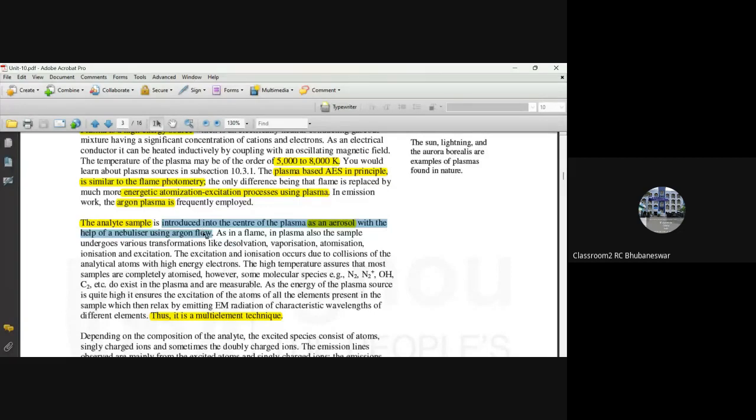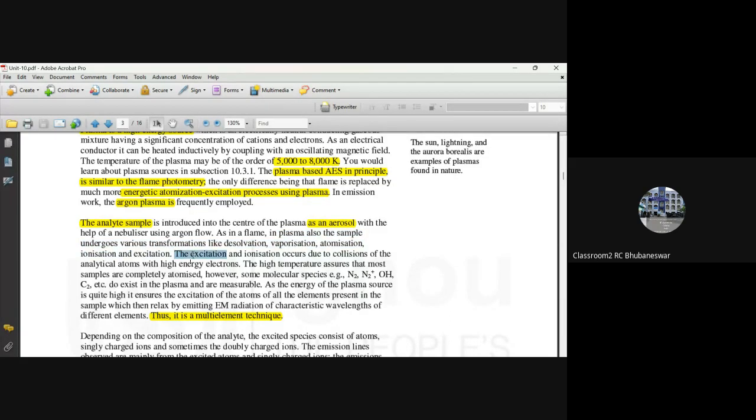That is the normal procedure. Then, as in the flame, in plasma also the sample undergoes various transformations like dissolution, vaporization, atomization, ionization, then excitation. Those who attended my flame photometry class can understand it very easily. Those who missed it can understand here also, because the same principle is applied here.